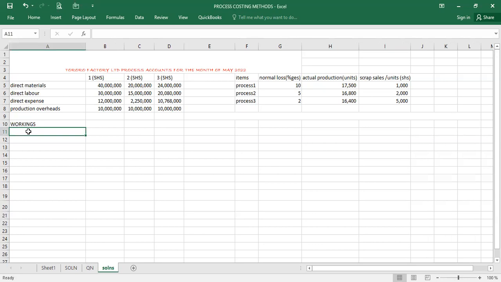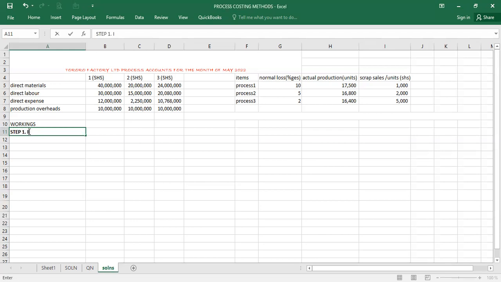So for the sake of learning, allow me to give you the steps we follow whenever we are computing a number on process account, because when you don't analyze the information at the beginning, it will be a bit confusing, especially if you are not sure of what you are doing. Allow me to label them.